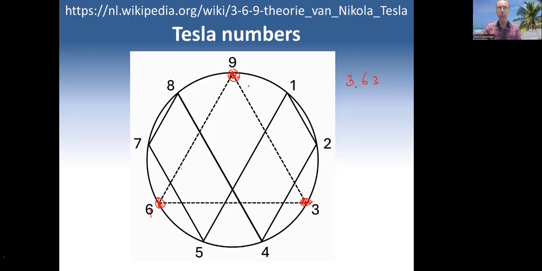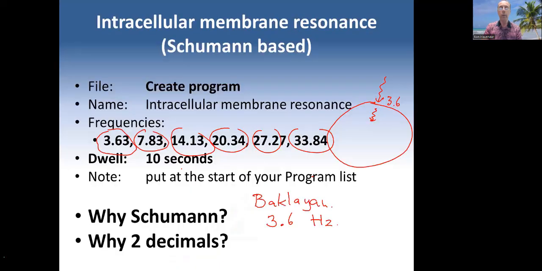So I calculated all those numbers according to Tesla. So 3, 6, 3. 7.83 is 7 plus 8 is 15 plus 3 is 18. 1 plus 8 is 9. So the basic frequency of 7.83 is 9.